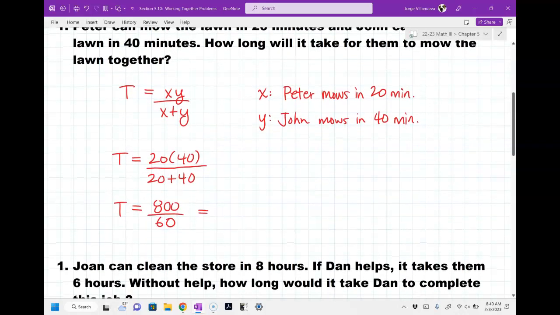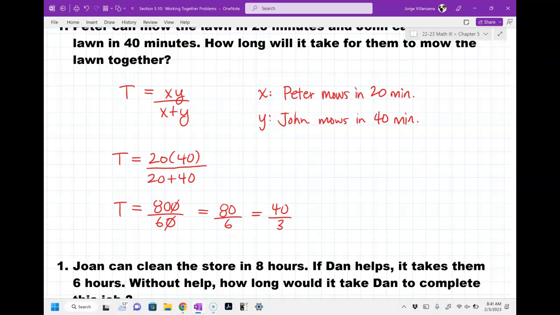Now 800 over 60, I can reduce it by crossing out one of these zeros here, so that's just 80 over 6. And I can bring that down to, if I divide by 2, to 40 over 3. I'm just trying to reduce as much as I can before I plug it into a calculator.